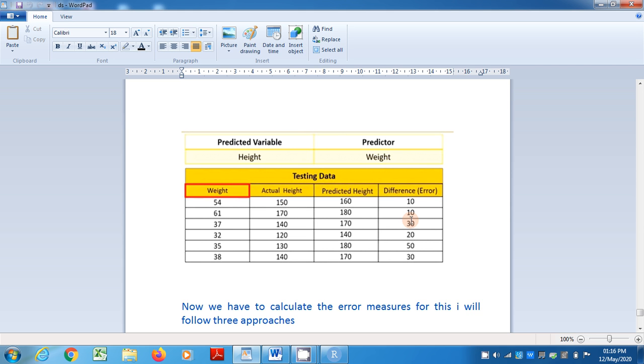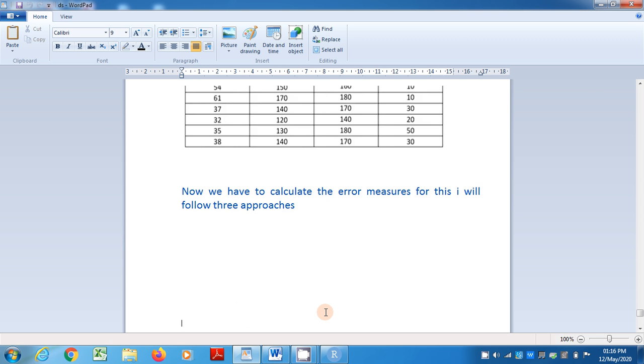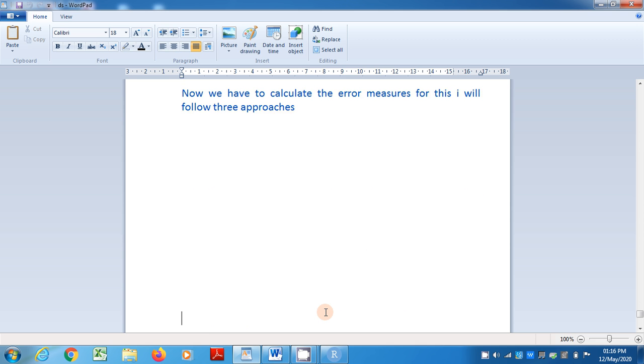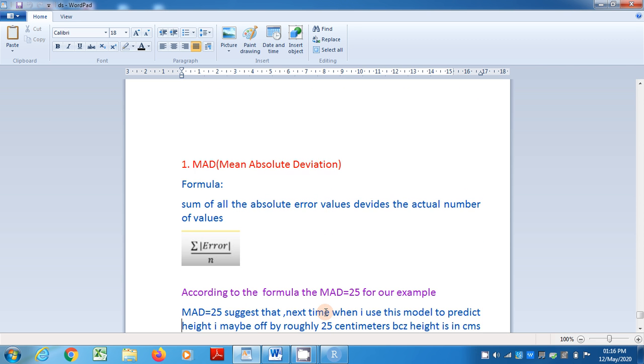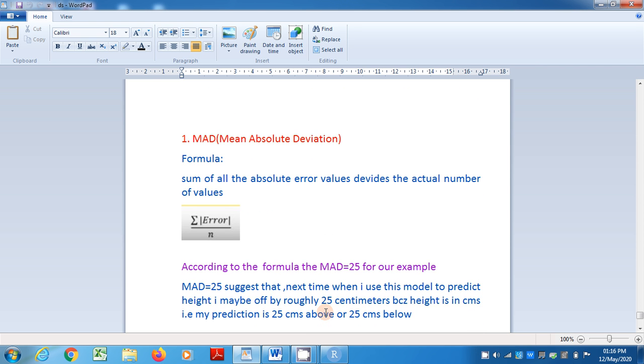Now we have to calculate the error measure. For this I will follow three approaches. One approach is MAD. MAD stands for mean absolute deviation or mean absolute error. The formula is the sum of all the absolute error values divided by the actual number of values.